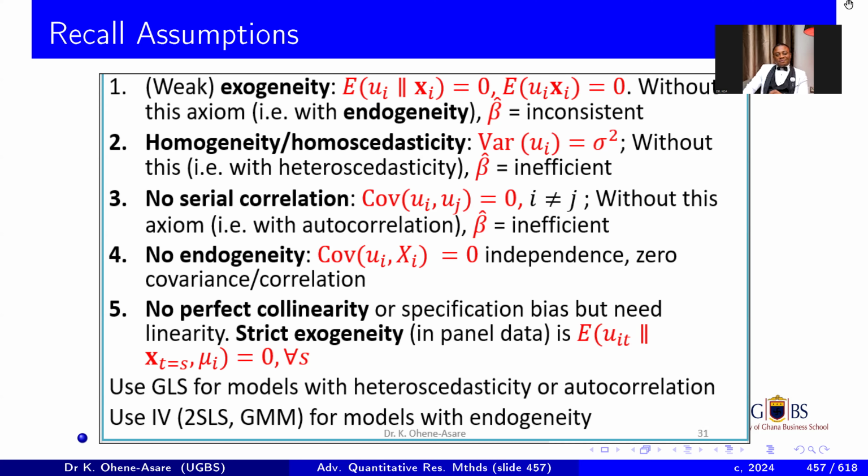But if it is correlated with the error term, then it's no longer exogenous. So without exogeneity, you have endogeneity. One thing about an exogenous variable, or a particular independent variable, because this is all about the independent variables: take note, the independent variables are the right-hand side variables. Some of them could be exogenous, some of them could be endogenous.